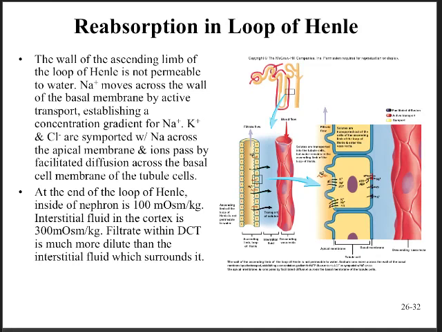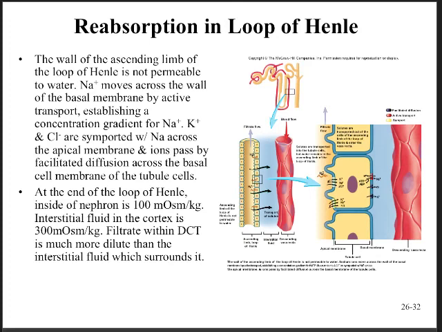At the end of the loop, the inside of the nephron is 100 milliosmolar per kilogram. The interstitial fluid in the cortex is 300 milliosmolar per kilogram. So the filtrate within the DCT is much more dilute than the interstitial fluid which is surrounding it.